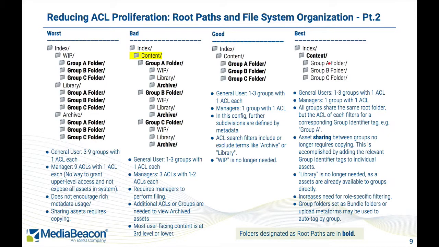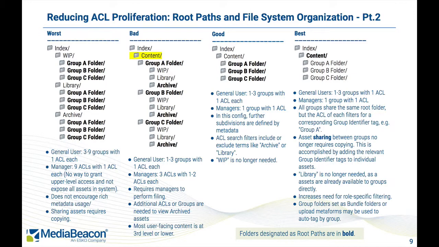The model that I usually go with is something like this. I'll have the assets in 3 different folders, and all of them will actually have the content folder, the higher level one, as their root folder. This means that their ACLs do not restrict them from sharing assets at all. What we do is we need to have 2 separate pieces of metadata.